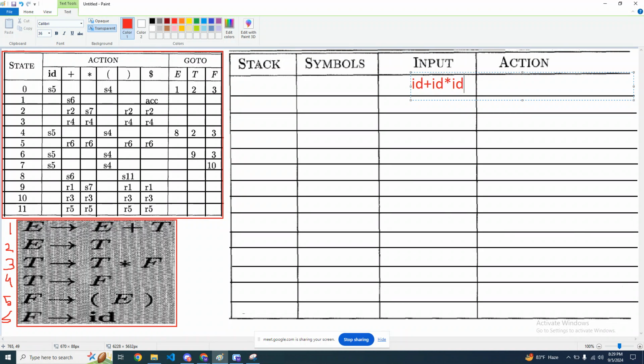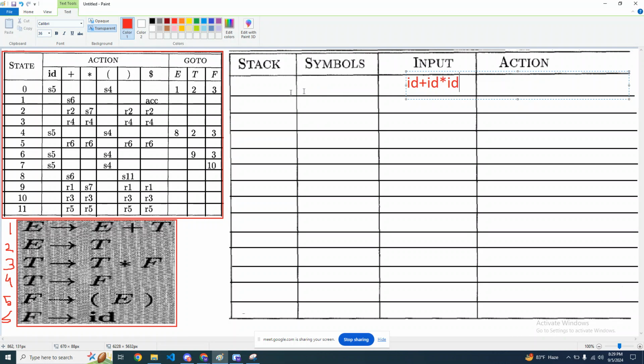So one will have a stack, another one is symbol, another one is input, and another one is action. So you create this table. This is not a table basically, this is the simulation part. You do not necessarily need to give rows and columns like a table.